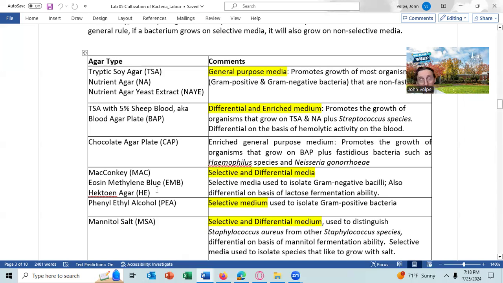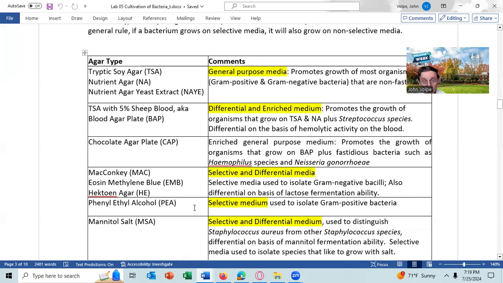They're also differential on the basis of their ability to ferment lactose. If they can ferment lactose, they will be a different color. MacConkey's agar is pink. EMB agar is a dark or greenish color. Hektoen agar, if it can ferment lactose, will be salmon colored. Any questions about any of that?